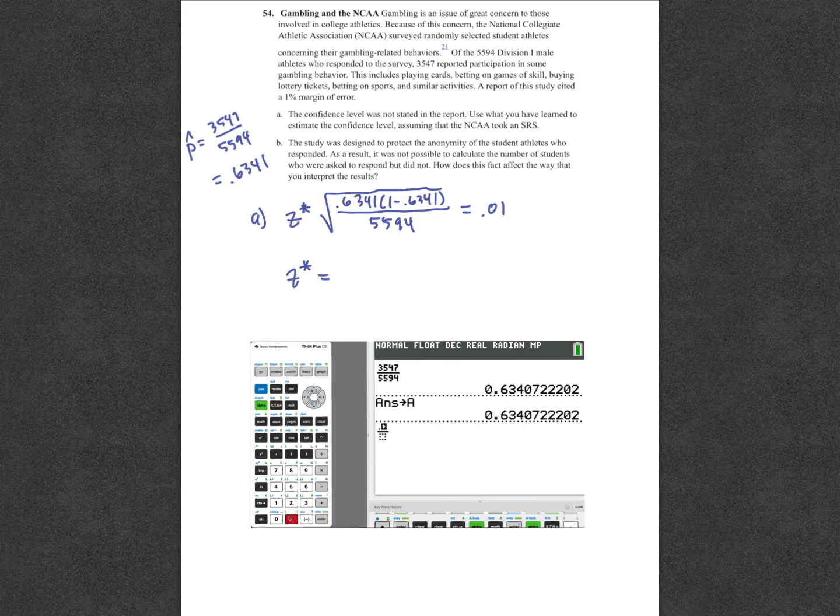Now when we solve for z star, the square root on the bottom is the standard error. We can just use A, which is p, and then 1 minus A, which is 1 minus p. That'll give us the exact value for z star, and then that's our sample size. So that's our z star.